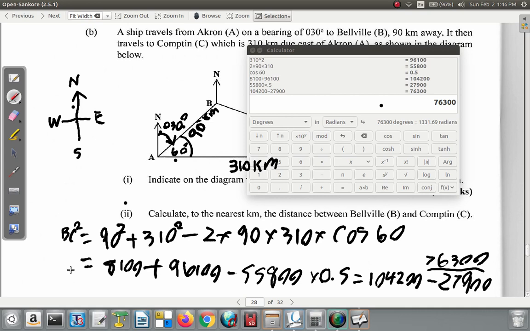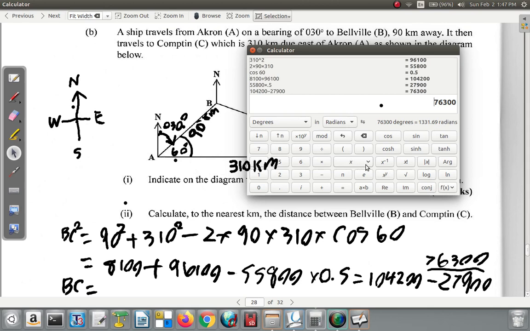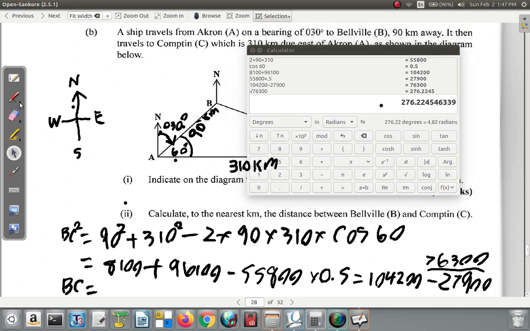So therefore, what is BC equal to? BC is equal to, in that case, the square root of 76,300. Square root of that equals 276.22 kilometers. Good.